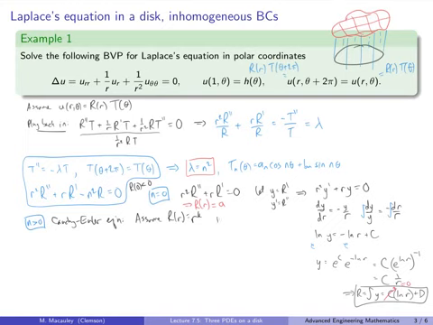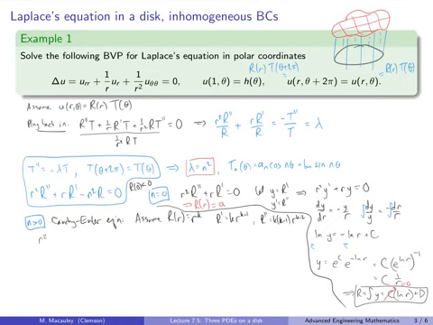So if we do this, r prime equals k r to the k minus 1. And r double prime, let me put a line here just so you can sort of differentiate between these parts. And r double prime equals k times k minus 1 times r to the k minus 2. So if we plug these guys back into here, see what we get.